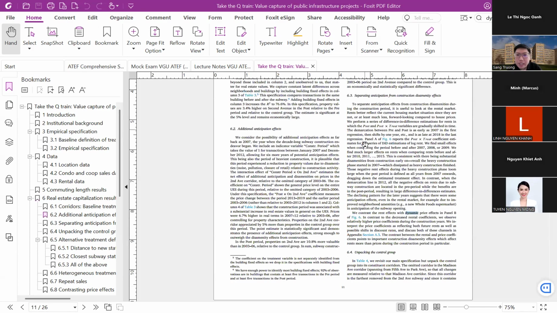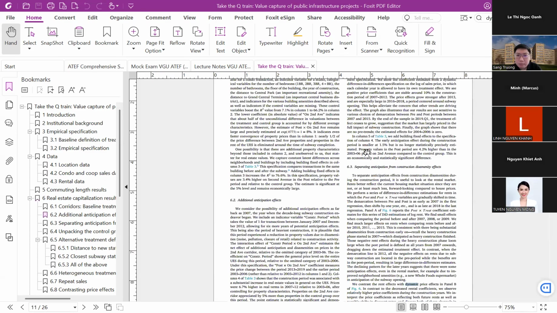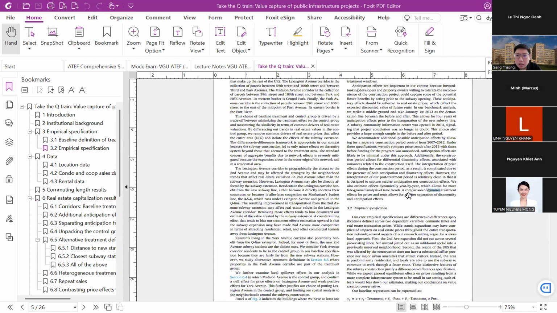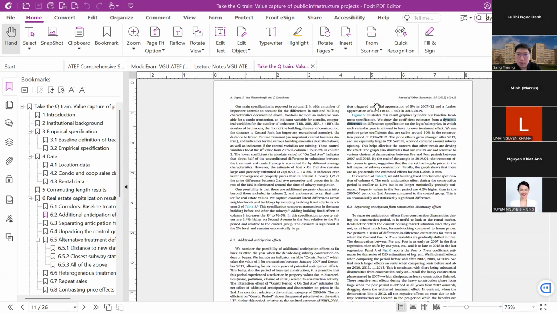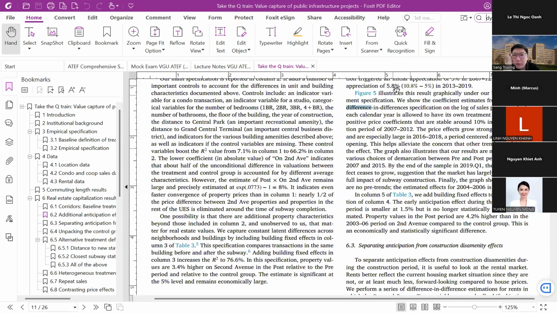And then they include, I think, figure number 5, right? The dynamic price effect. Here they show the coefficient estimates from the dynamic difference-in-differences in different specifications, right?